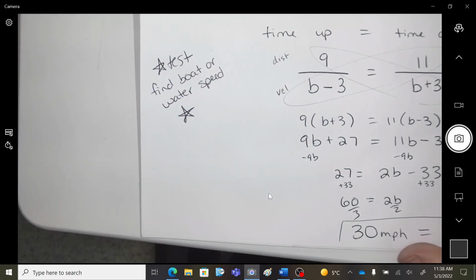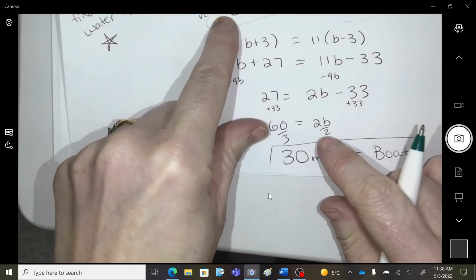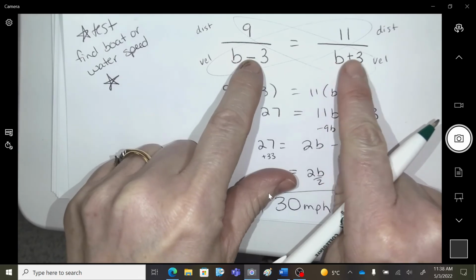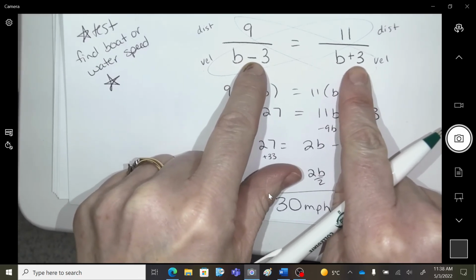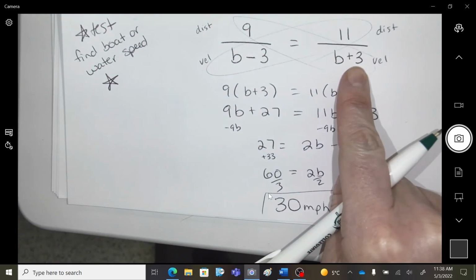If I did the water, then instead of the b, you would write the number plus or minus the variable. That's the only thing you would change. It's the same strategy.